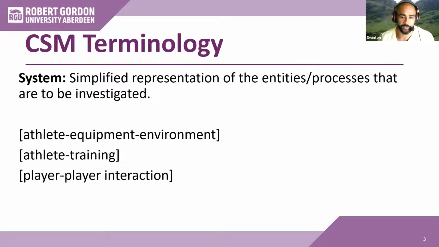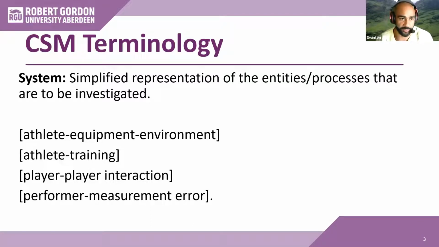Other examples of systems include, in team sports, the interaction between players, such as dyads, and a fruitful area of CSM, which I'll talk about a couple of times in this talk, is performer and measurement error systems. And there's a good reason why measurement error tends to fit well within CSM.